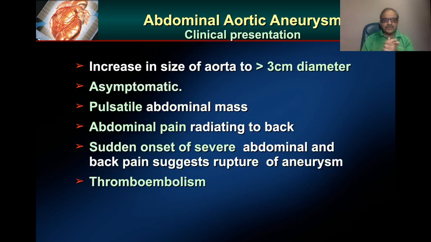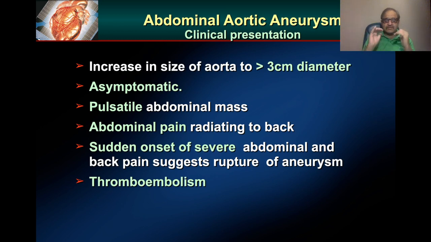Abdominal aortic aneurysms are usually asymptomatic, and by definition, the significant abdominal aortic aneurysm is more than 3 centimeter in diameter. And when you palpate abdomen, you may find a pulsatile abdominal mass, or some patient may come to you with vague abdominal pain radiating to back.